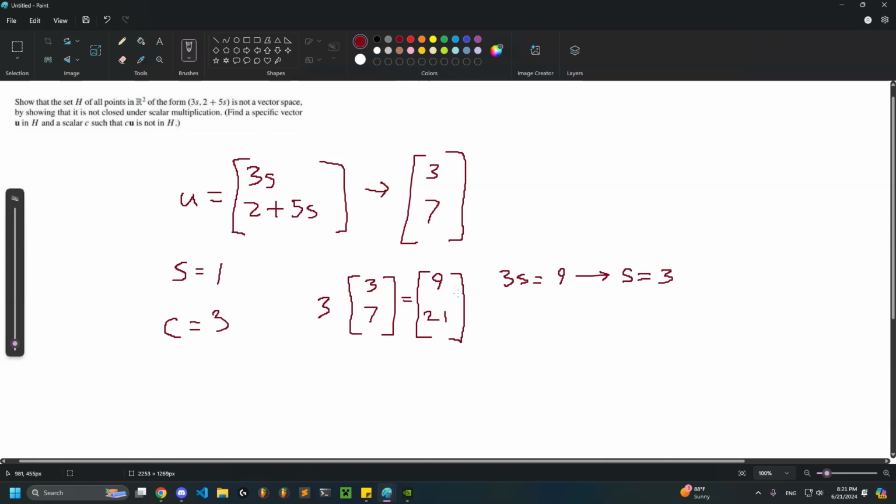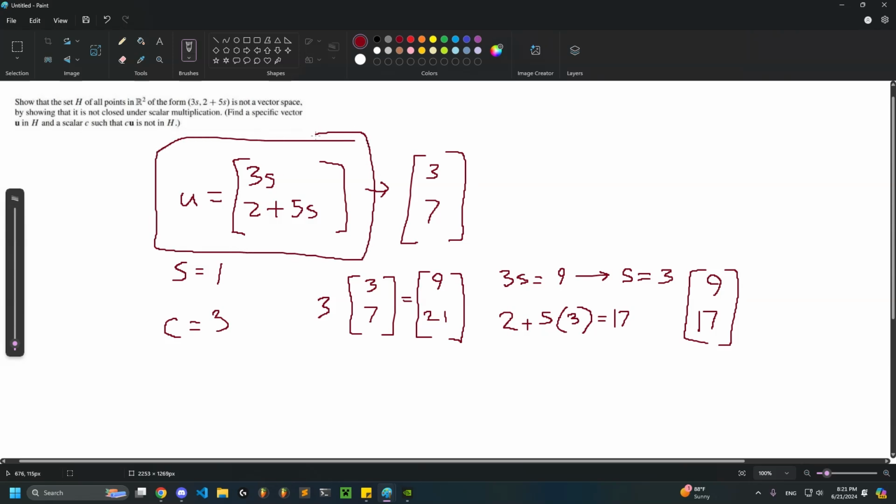Then in the first row, we'll have 9 if S equals 3, and this holds true. In the second row, we're going to have 2 plus 5 times S, which is 3 in this situation, and that's going to be equal to 17. So we're going to have 9 and 17 as our vector if this was true.